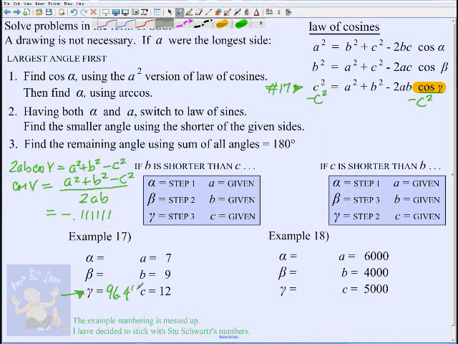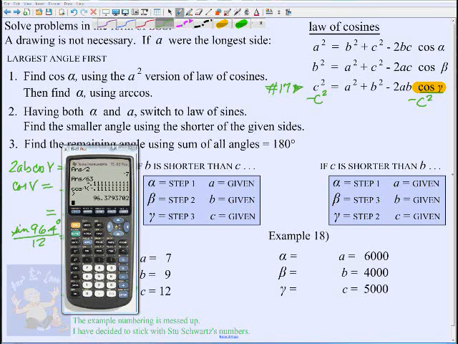Here it is. 96.4 degrees. Now I can figure out what the law of sines is. That's going to be the sine of 96.4 degrees over 12. That'll be my ratio that I'm interested in.